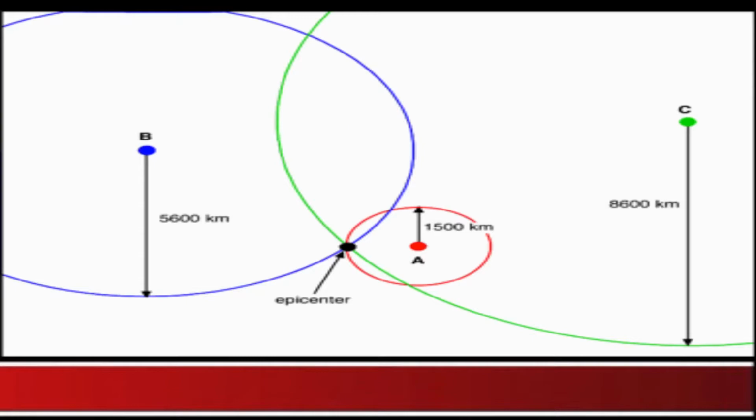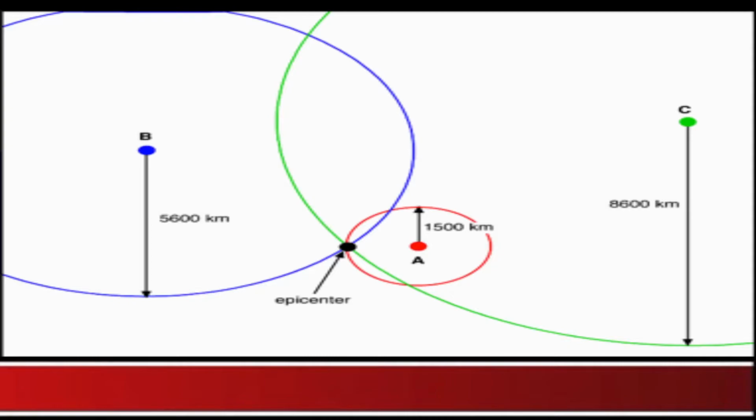8,600 kilometers. Then the next thing that the seismologists must plot would be a circle using the distance of the epicenter as the radius of the circle. So seismic station A has that circle. Then the seismologists of seismic station B will also plot their circle, and seismic station C will also plot a circle using their distance from the epicenter as the radius.